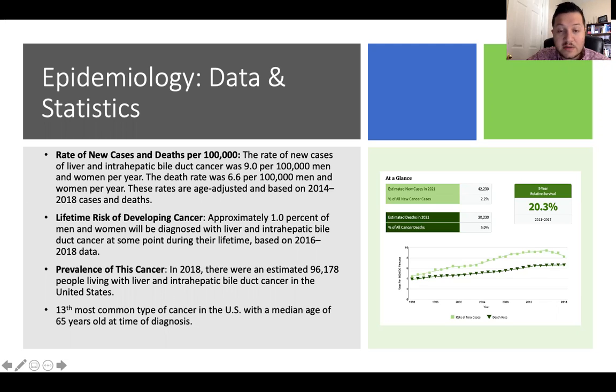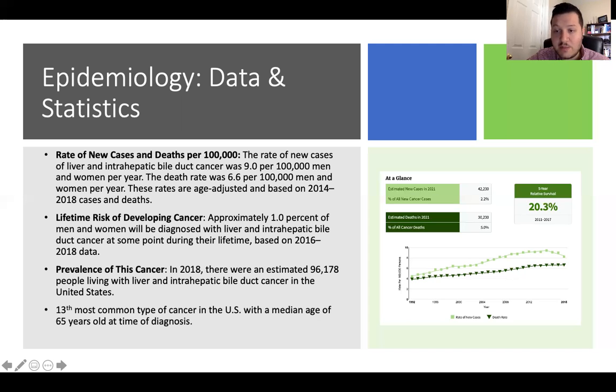And in 2018, there was an estimated 96,178 people living with liver cancer in the United States. It is the 13th most common type of cancer in the US, with a median age of 65 years old at the time of diagnosis. So it's not super prevalent, sorry, in the United States.